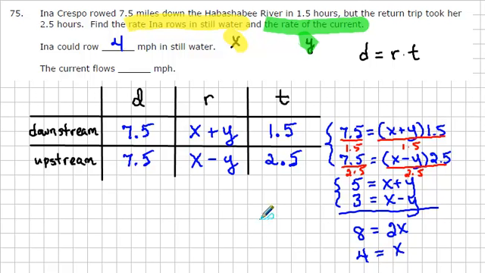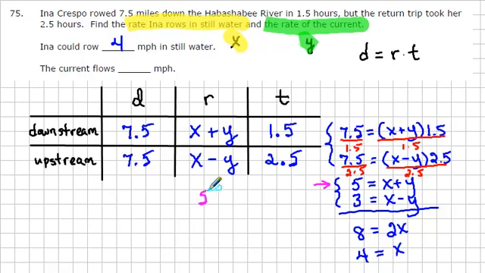We still need to figure out the rate of the current. In order to find the rate of the current, we can use any of these equations, substitute 4 for x, and then solve for y. So let's say we use this equation right here: 5 is equal to x plus y.